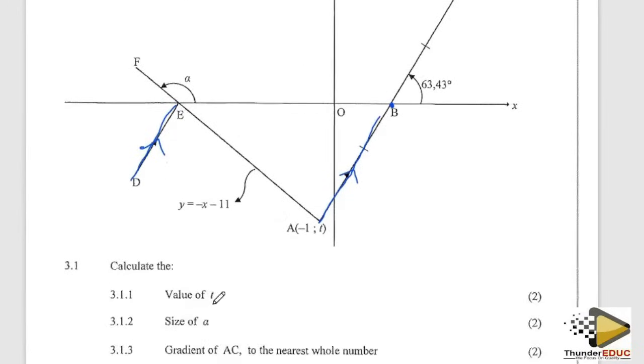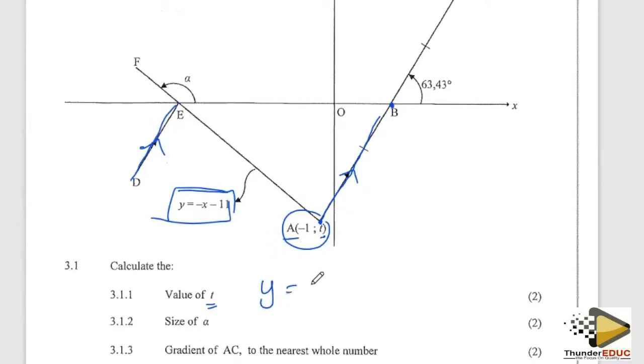First question, they want us to get the value of T. So where is T? T is by point A. Okay, but then since we have the equation of the line onto which T lies, we can just substitute this point into the equation of the line, because if the point is lying on the line, that point must satisfy that equation.